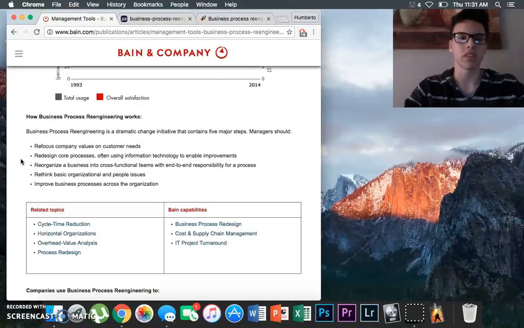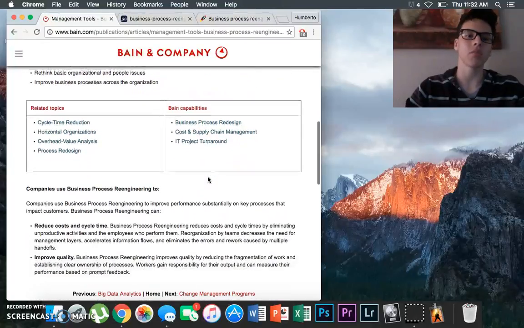Next, redesign core processes, often using information technology to enable improvements. Third, reorganize a business into cross-functional teams with end-to-end responsibility for a process. Fourth, rethink basic organizational and people issues. And lastly, improve processes across the organization.